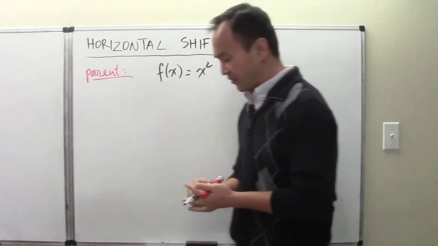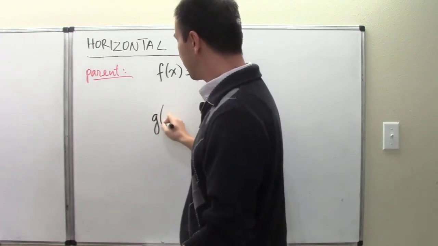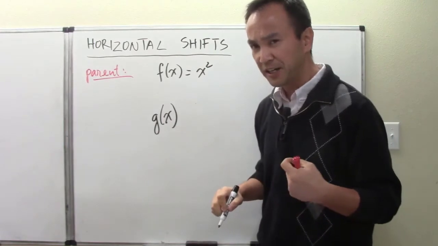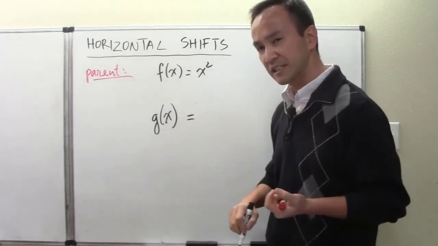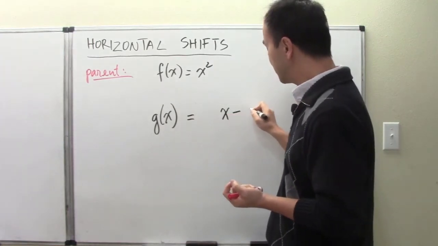Now, before I say it too clearly, let me define a different function for you to understand it's a different function. This g of x here is defined, how about x minus 2?